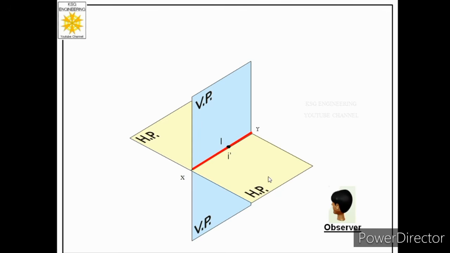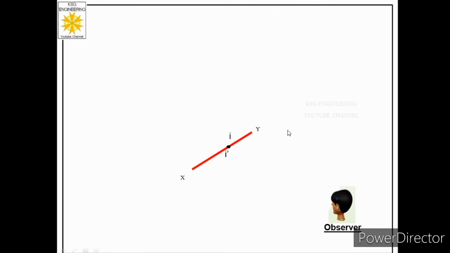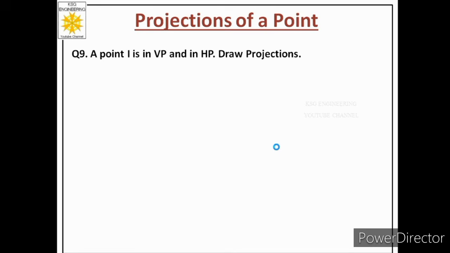And in order to draw its top view, observer will change his position, and observer will look at the point from top, and again rays of sight from the eyes of observer will strike the point, and point itself will be called its top view. So it means its final solution will be reference line. On that line we'll mark one point, we'll call that point front view and top view of the point.